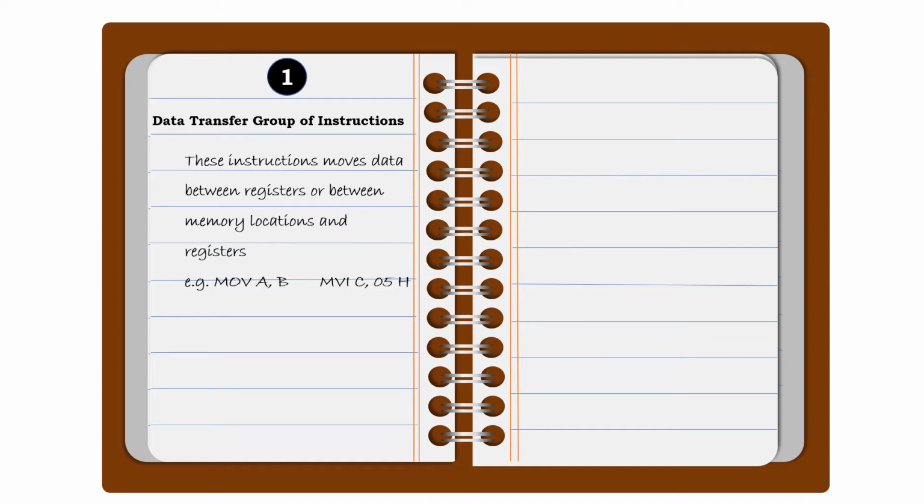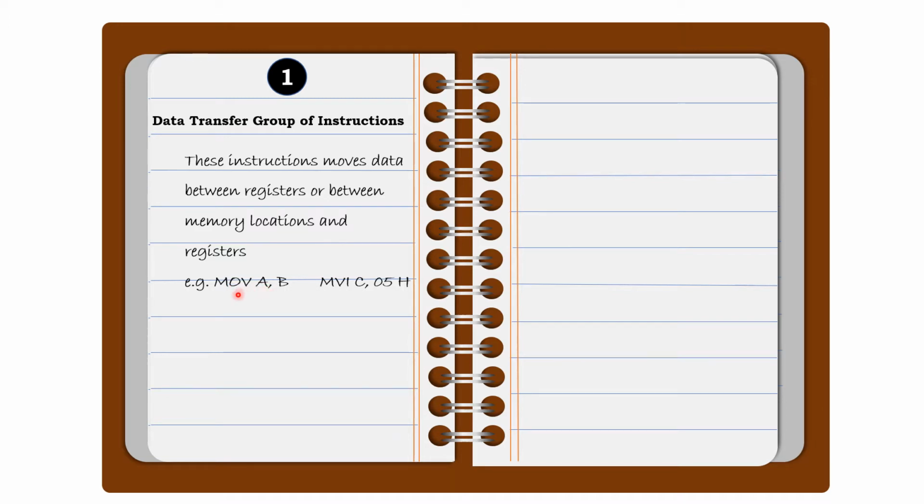So MOV A comma B means data is moved from the B register to the A register. Here B is the source register and A is the destination register.